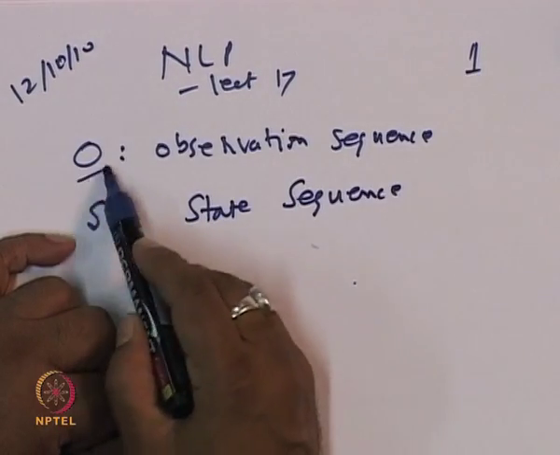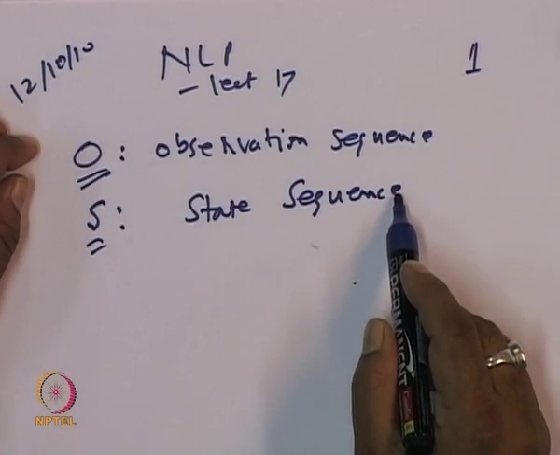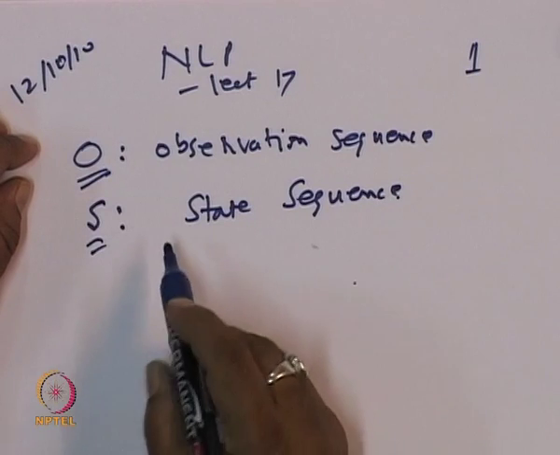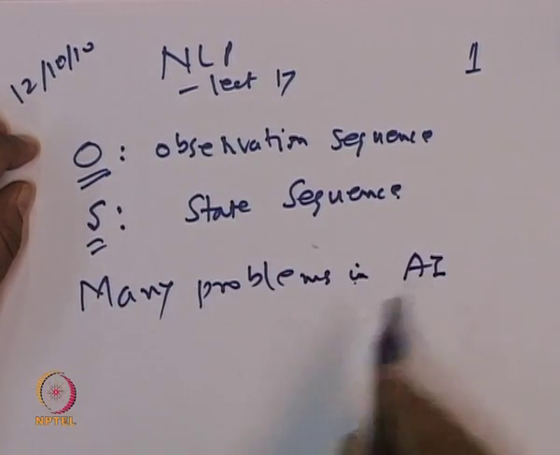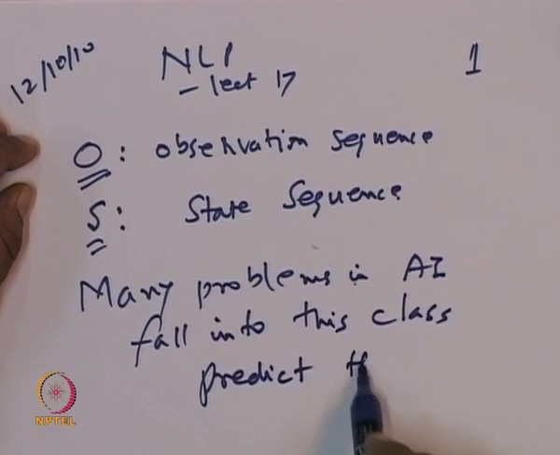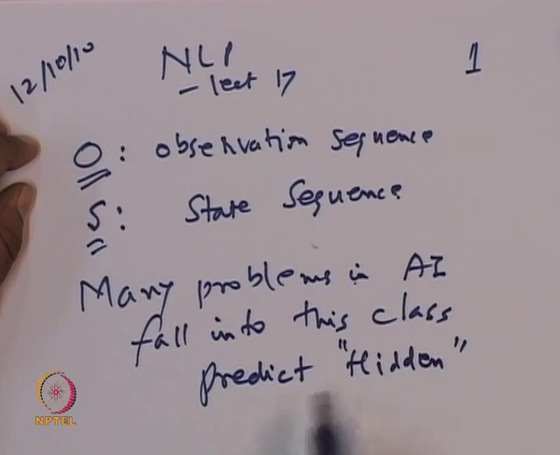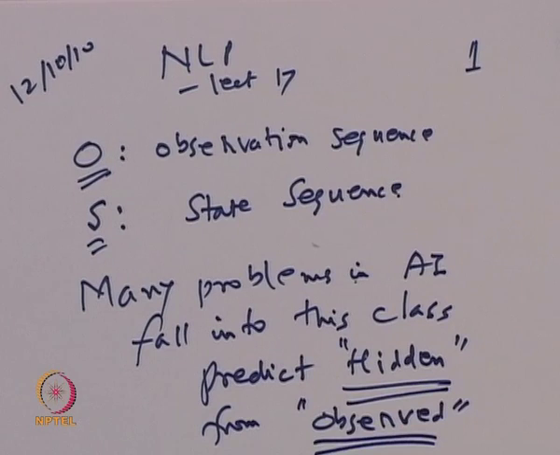The notation is O the observation sequence, S the state sequence. Now, the point being made is that many problems in AI are of this kind, fall into this class. Predict hidden from observed. So, this is the state of affairs.